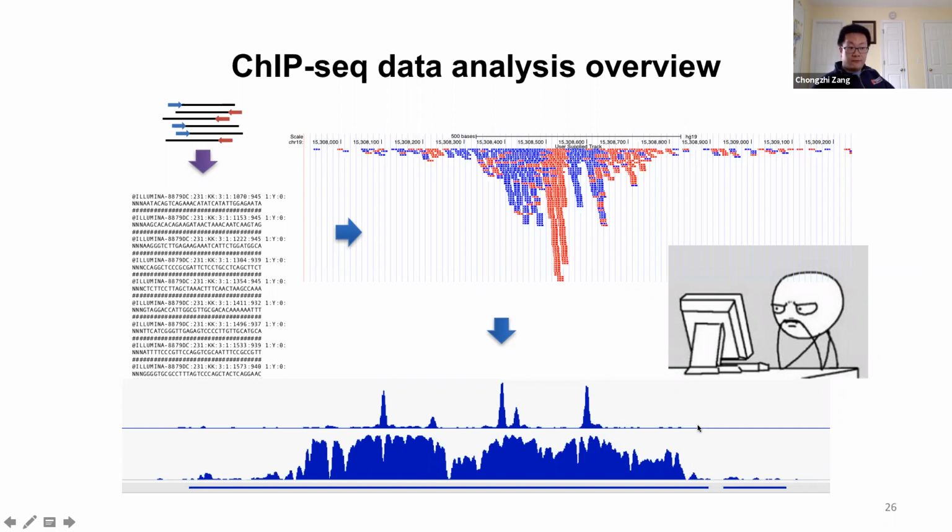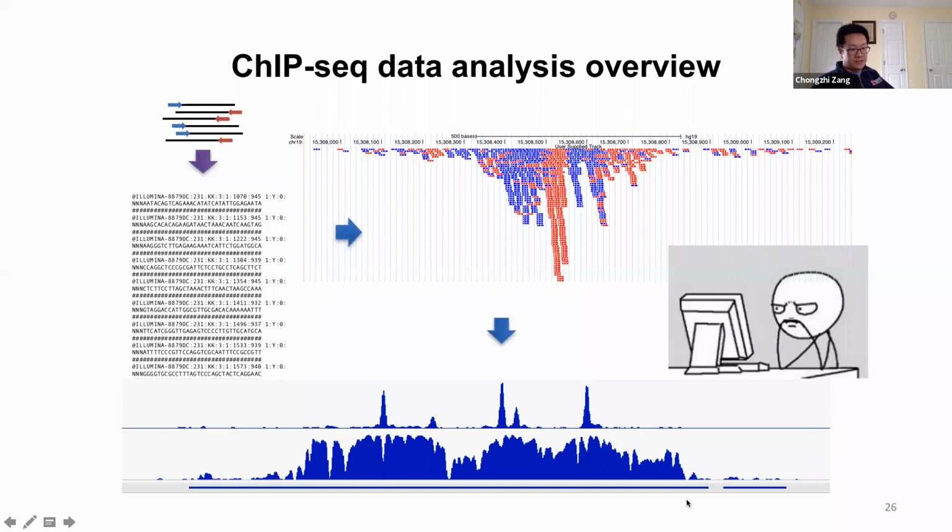Also, different transcription factors or different histone modifications will have different patterns, as shown in this genome-wide profile. This is an example of what the data for a typical transcription factor look like, and what a histone modification could look like. For transcription factors, it's fairly easy to see clearly where the peak is.